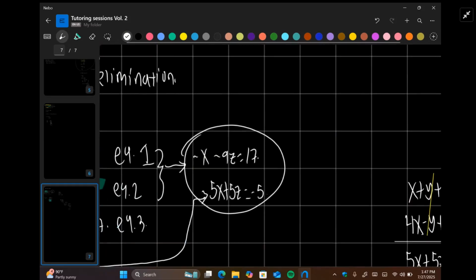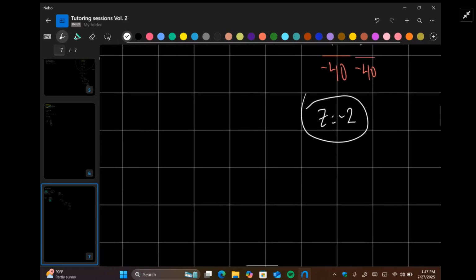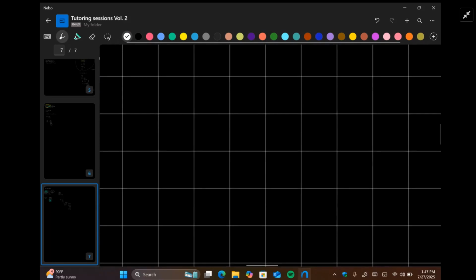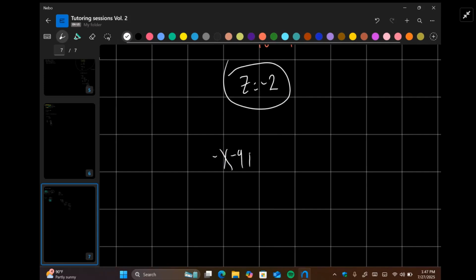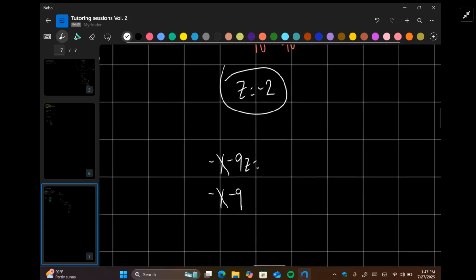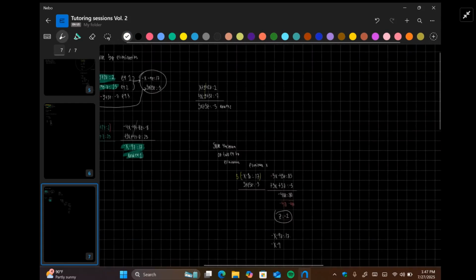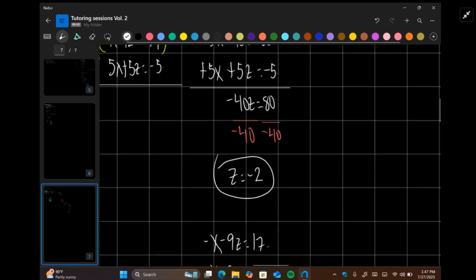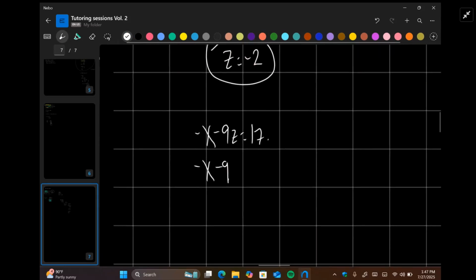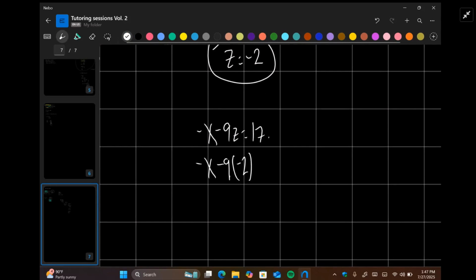We're going to grab -x minus 9z equals 17. So -x minus 9 times -2 equals 17.